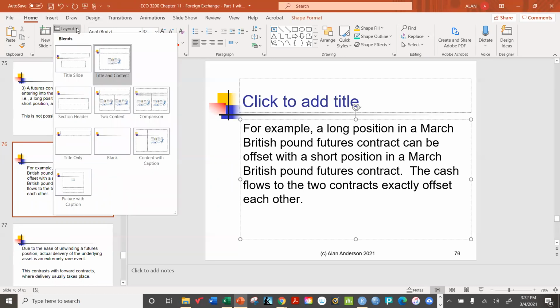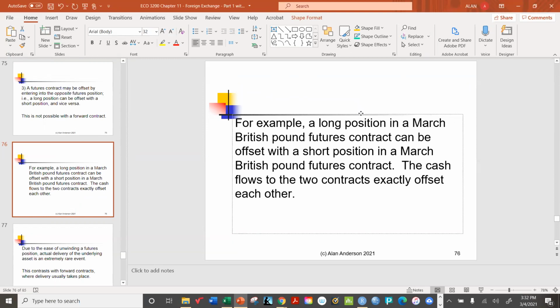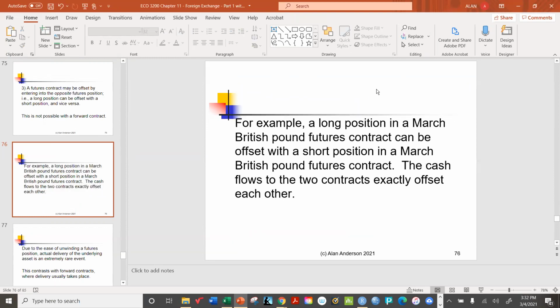That's why it amounts to the same thing. You're not actually getting out of those contracts, but you're setting up a position so that the two offset each other. All right. I guess it would be like if, let's say that you borrowed money from somebody, and rather than paying it back, you lend them money. It ends up meaning the same thing because you now have no position with that person.